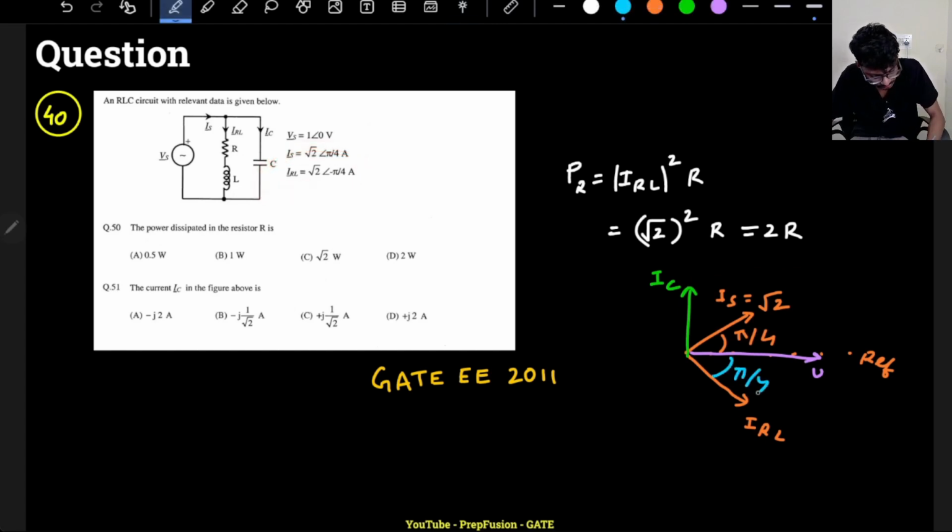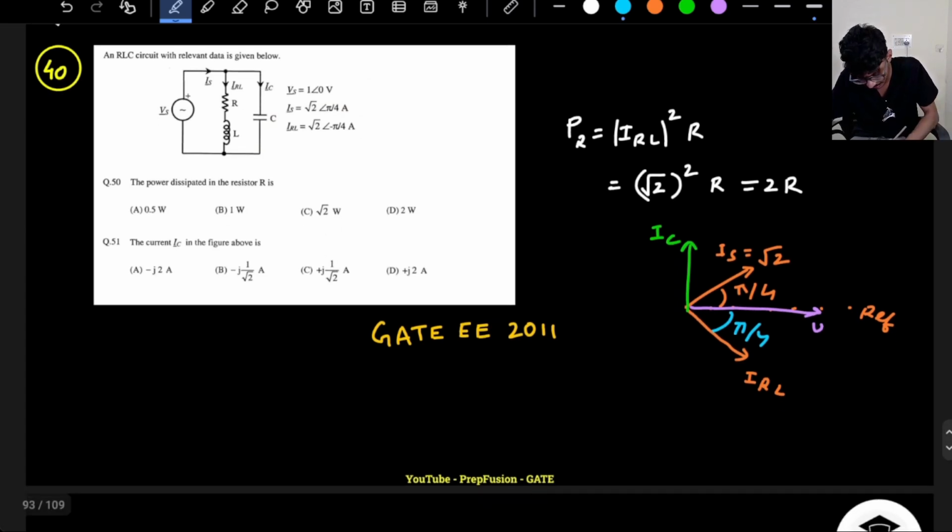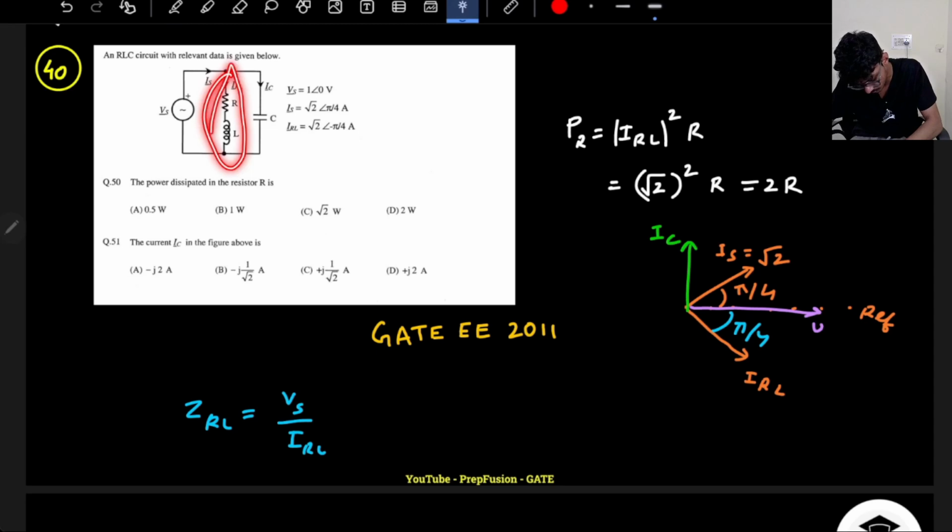Do you understand what pi by 4 means? Pi by 4 basically means the real and the imaginary part are same. That is how we get it. So basically what is the impedance ZRL? ZRL is basically Vs by IRL. For these two nodes, what is the impedance seen across them? It is the voltage across the two nodes divided by the current I know, that is IRL.